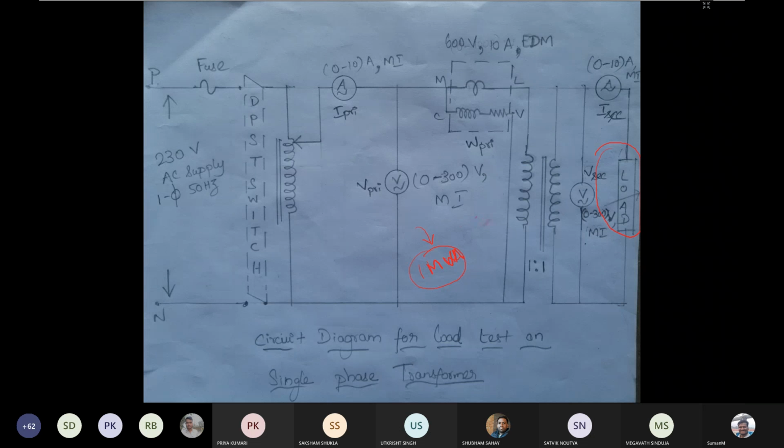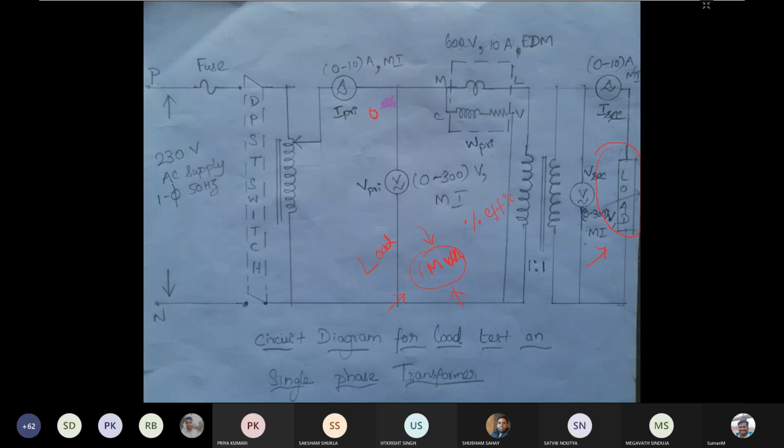If you need to test a 1 MVA transformer in order to find the efficiency and the percentage voltage regulation, then you need to have a 1 MVA source for doing the load test.